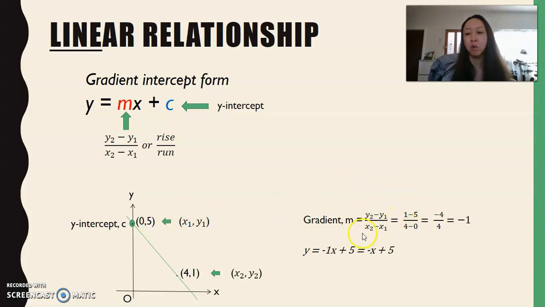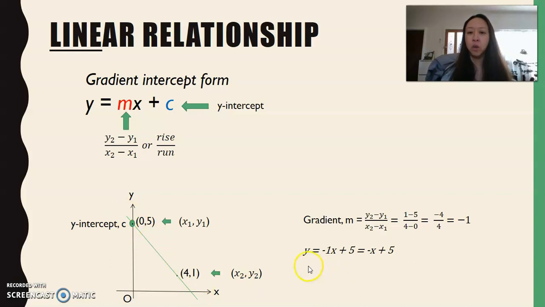And the same goes for the x values. The corresponding x value for y2 is x2, which is 4. So 4 take x1 is 4 take 0, so that's going to be 4. If we simplify this, it's going to be -1. So how do we represent this line in gradient-intercept form?